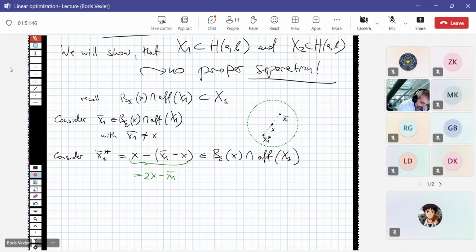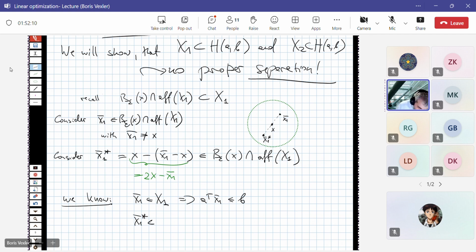Okay, let us summarize what we know about these points. We know that x1 bar is in X1. Therefore, A transpose x1 bar is less or equal than b. What about x1 bar star, this mirrored point?